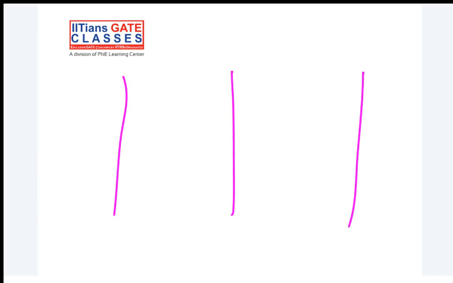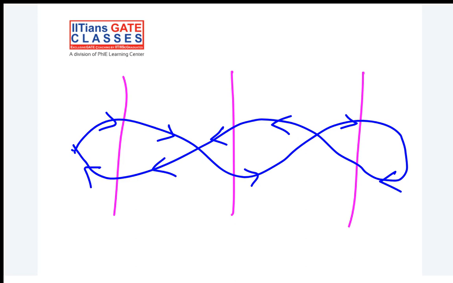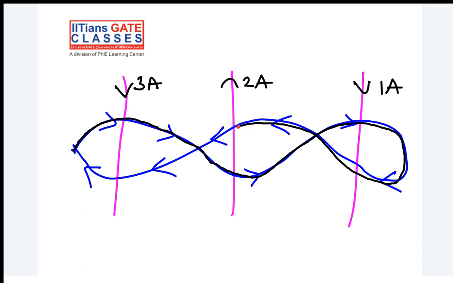So there are 3 current carrying wires like this. Now the moment you start from here and go in this particular loop, and you come back, so the moment you make this movement, what is the total enclosed current?